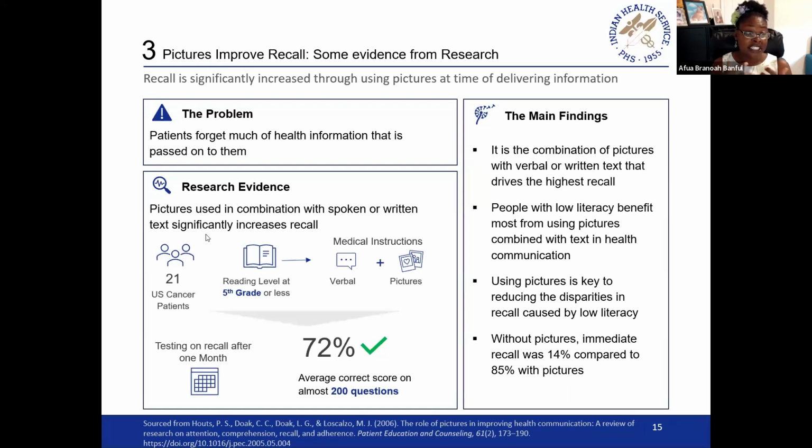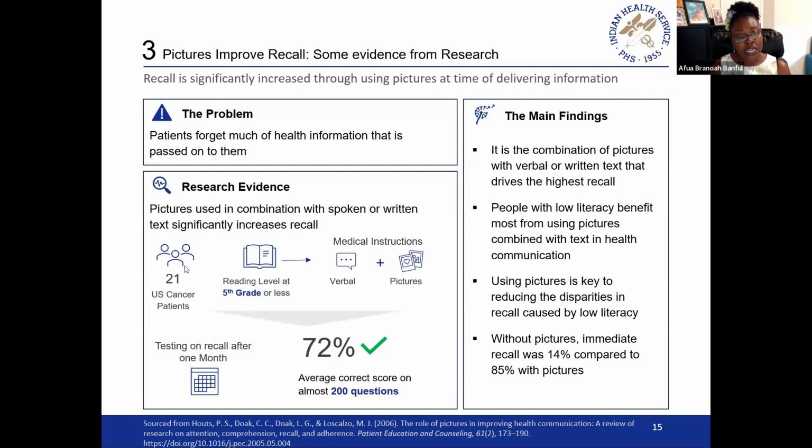You can understand it, but if you don't recall it, you may not be able to use it in the moment where it matters. So this is where the fact that patients forget much of the health information that's passed on to them is just unfortunate. But it's also where the power of pictures comes in. The research evidence is showing that pictures actually help increase recall. So that's the story of the research that I'm sharing with you.